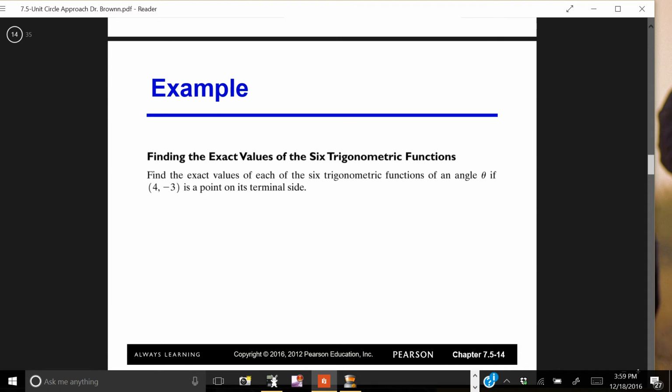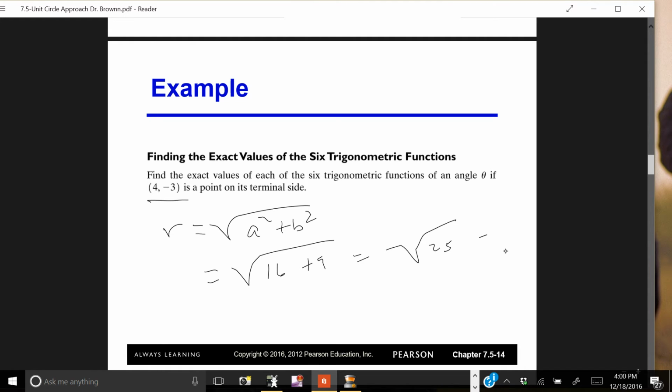Now let's just do an example of finding exact values of the 6 trig functions if the point on the non-unit circle is 4 and minus 3. Notice R would be the square root of A squared plus B squared, equals 16 plus 9, equals square root of 25, equals 5.